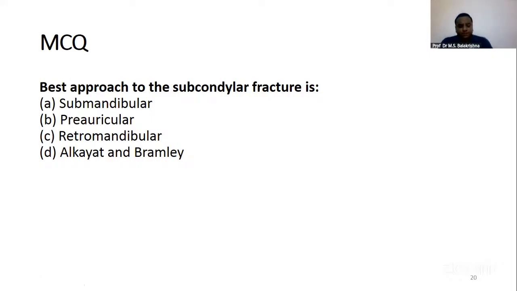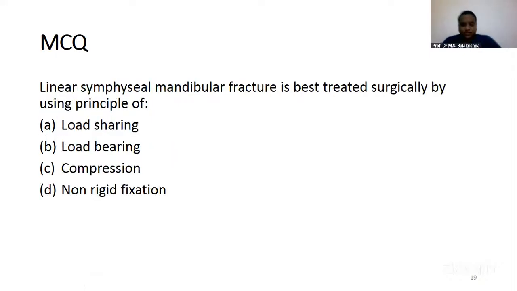Next question. Best approach. Now, previous question only, linear symphysis fracture. So now there are different options given here. By mini plates, you can give your open reduction internal fixation. The dual mini plates are generally given in linear fractures, simple fractures, stable fixation, or minimal hardware, where you don't require much surgical exposure.